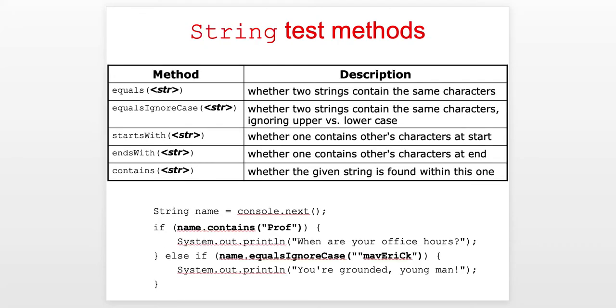So here's a few examples of some string test methods that you might want to use. There's actually more than this, so it's good to look it up online, but the most important ones would be equals ignore case, starts with, ends with, and contains. And so these methods all return something, right? So methods can now return types, and the type that they return is a boolean.